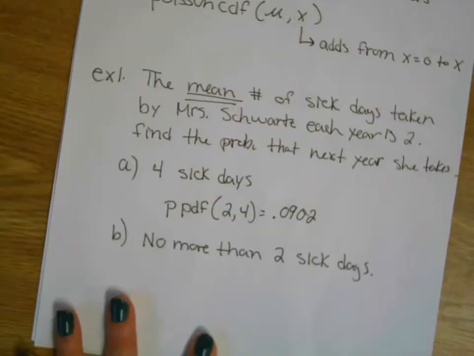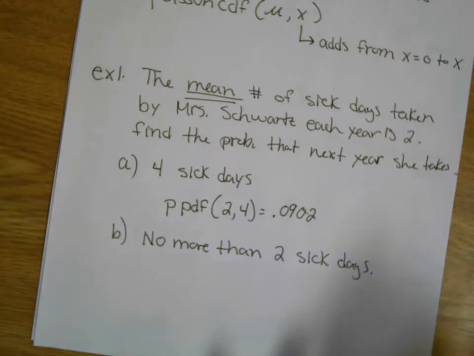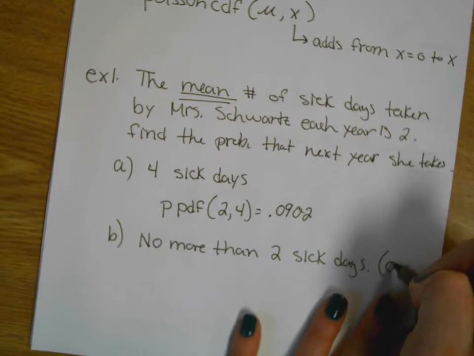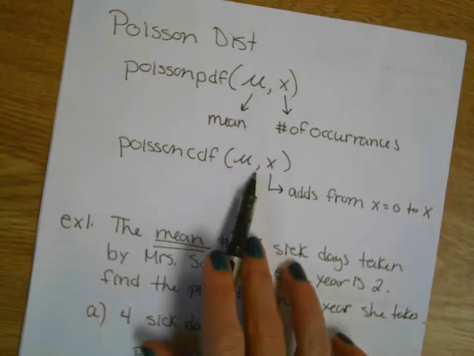Okay, let's think about it. What probabilities match no more than 2? How about 0, 1, or 2? So we're in agreement that 0, 1, or 2 is what we want to add up? Yes. Now take a look at what Poisson CDF does.